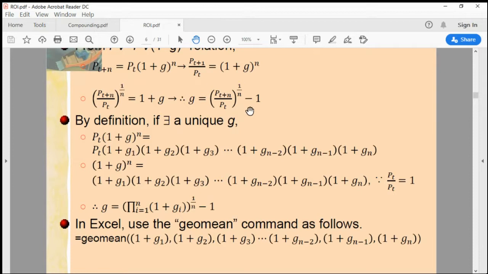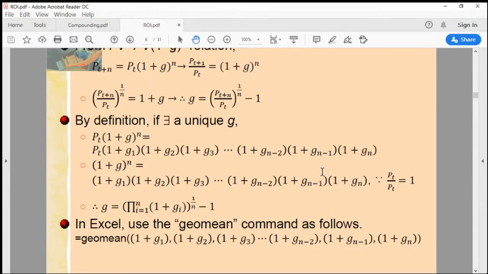If there exists, and if we found this geometric average, all of these G1, G2, G3 will simply turn into G. Make sense? Because it's an average, right? Otherwise, each individual growth rate is different and uneven.